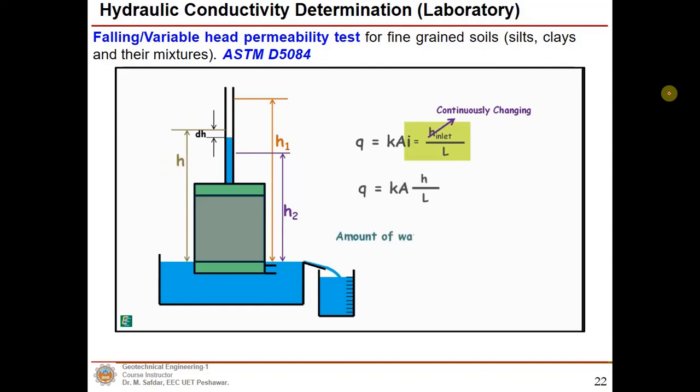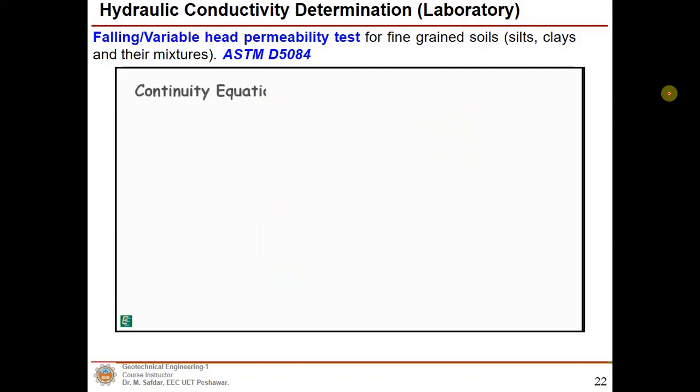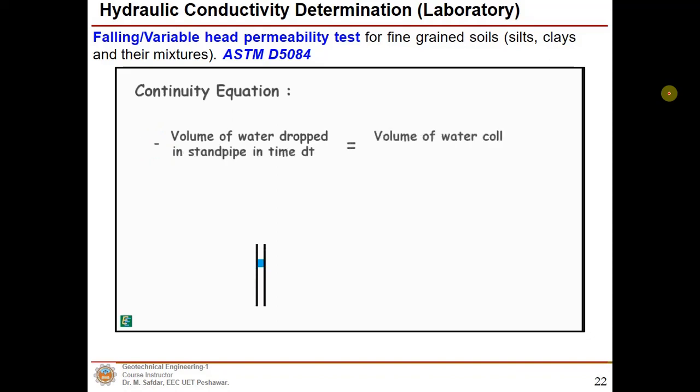And the amount of water collected in the jar with this rate in a small time interval dt will be q into dt. So, using the continuity equation, we can write volume of water dropped or decreased, negative sign for the decrease, in the standpipe is equal to the discharge of water collected or increased in the jar through the outlet.